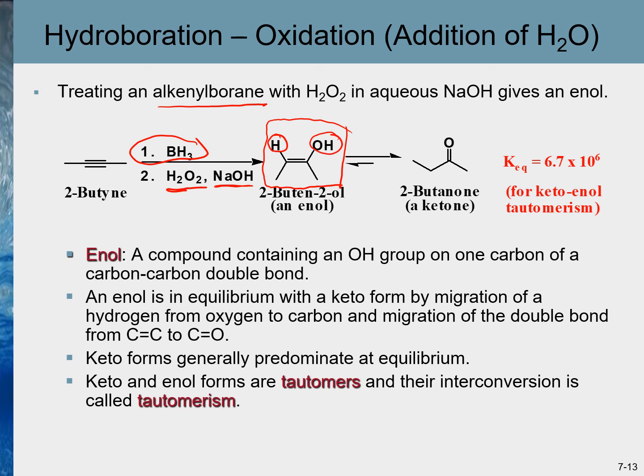And we know that whenever an OH group and a double bond are present on the same carbon, we call this kind of compound an enol, and enols undergo a rearrangement process which is known as tautomerism. And in this rearrangement, enol changes to a ketone, so this process is known as keto-enol tautomerism.